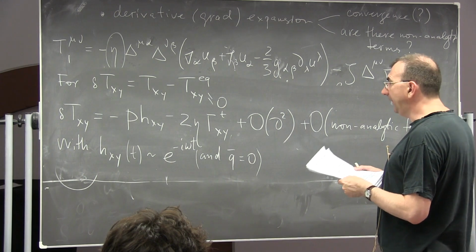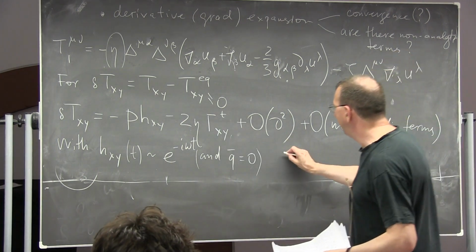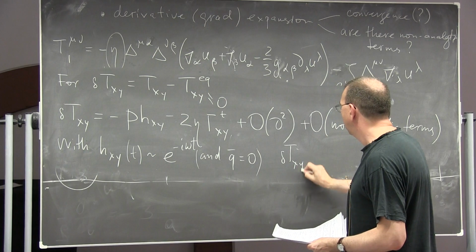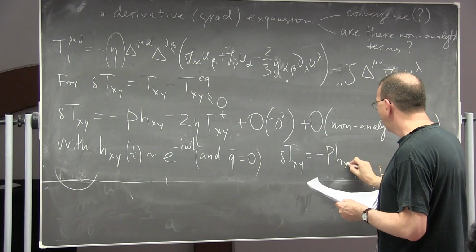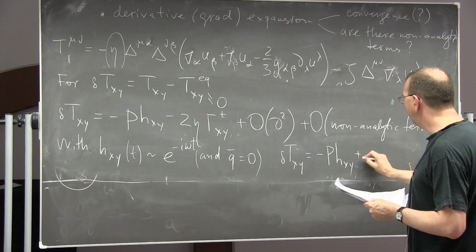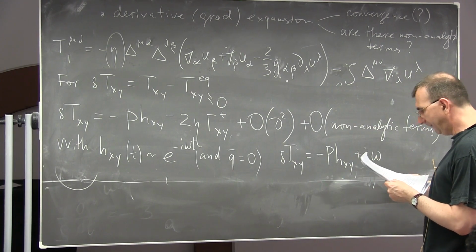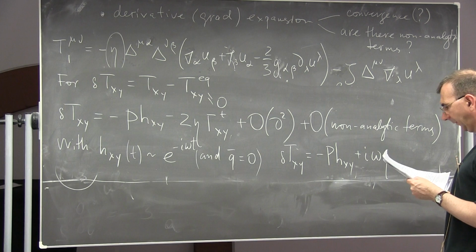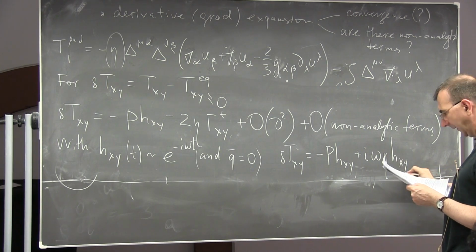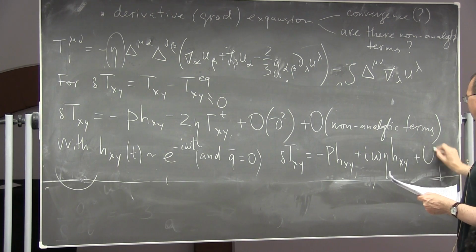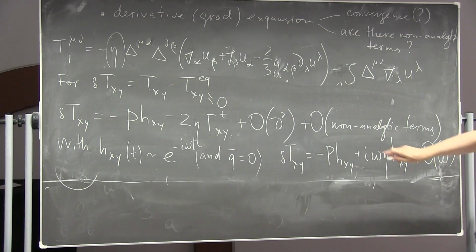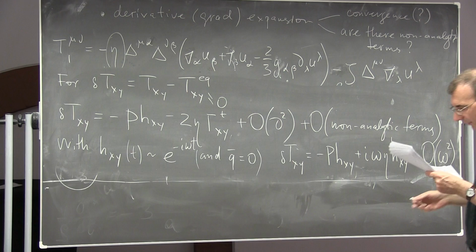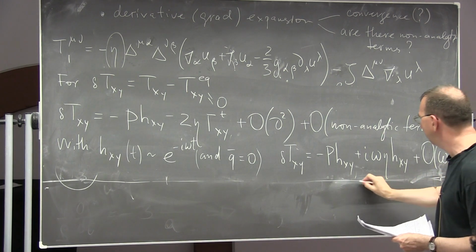So in Fourier space, this expression for delta txy will look like this: minus pressure hxy plus i omega eta, the shear viscosity, times hxy, plus terms of omega squared and higher, which are coming from this piece, plus non-analytic terms, which I didn't explicitly mention.